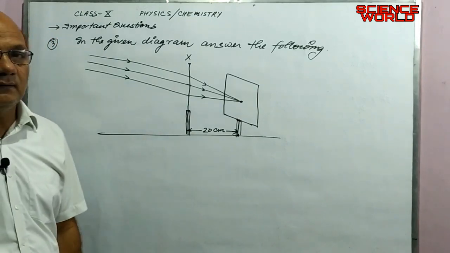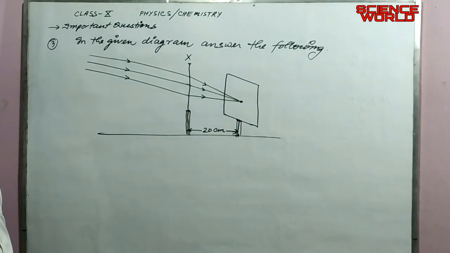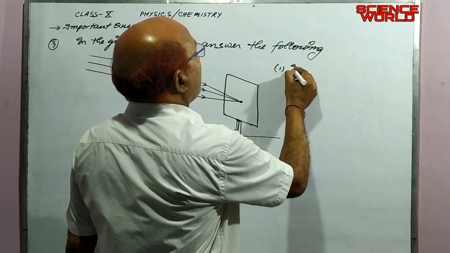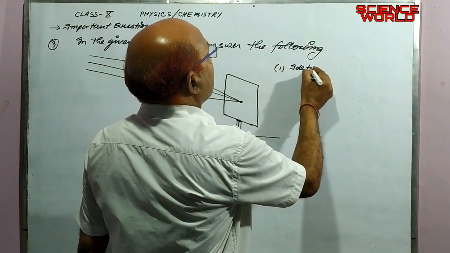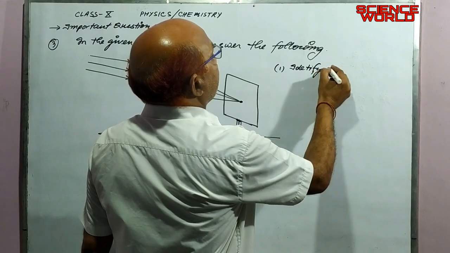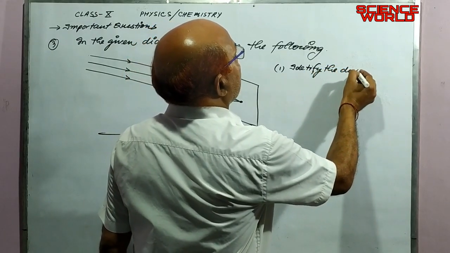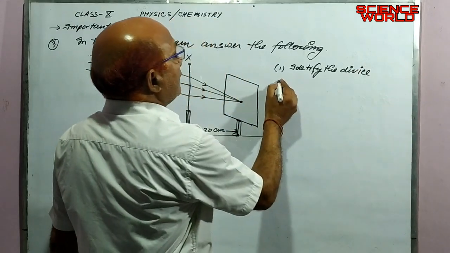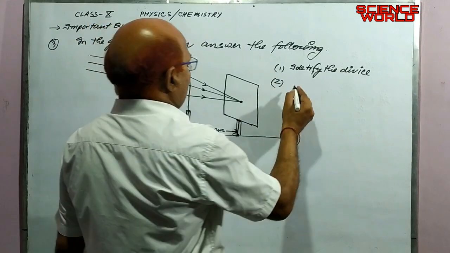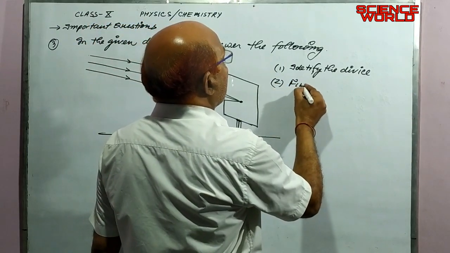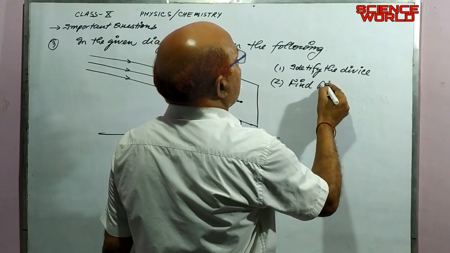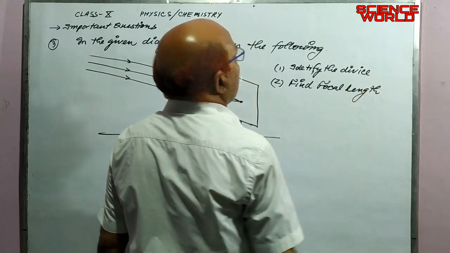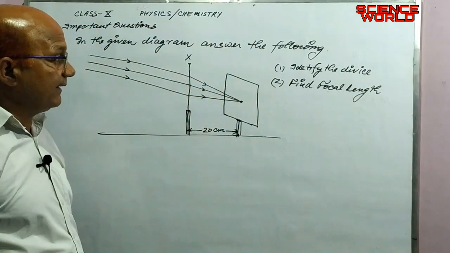Now this is the question in this diagram, and you have to answer number 1, identify the device, number 2, find focal length. These are the 2 related questions.